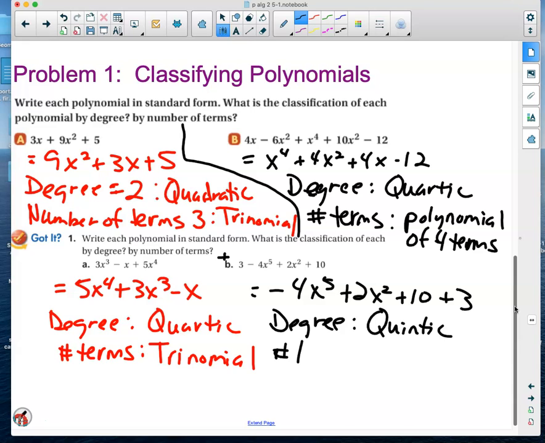And then somebody please unmute and give me the name by the number of terms, please. Trinomial, 3 terms. Okay, I think I heard you wrong.